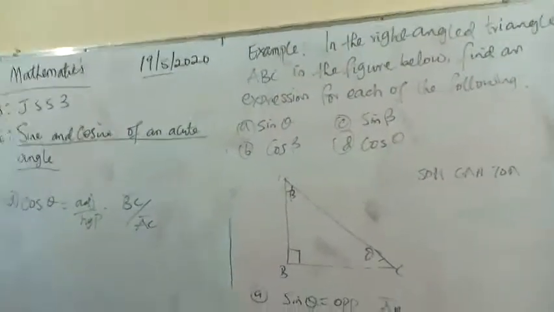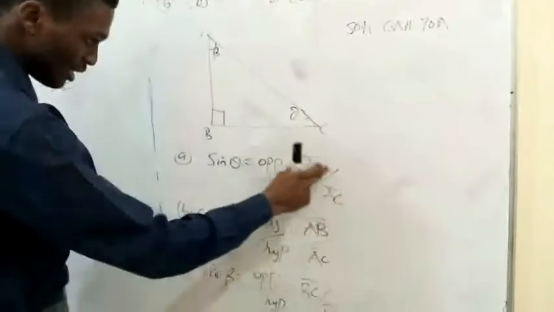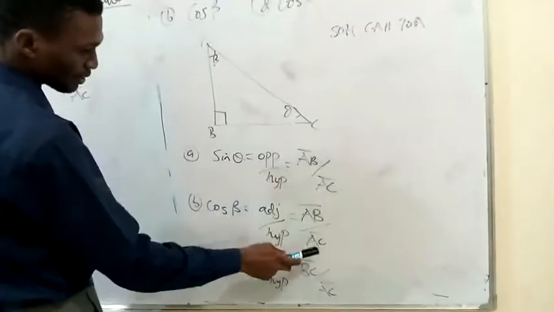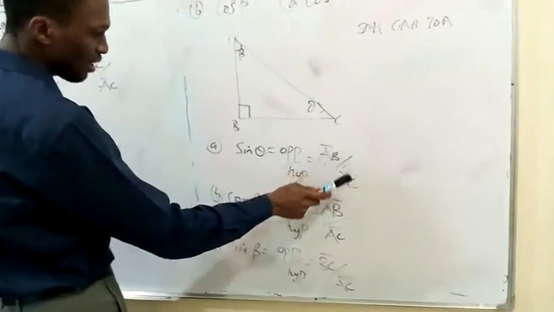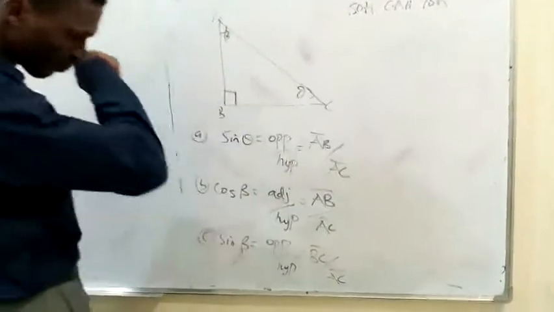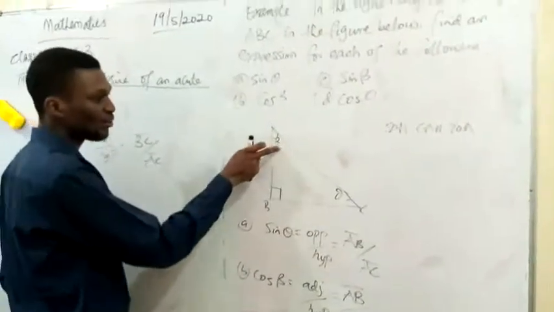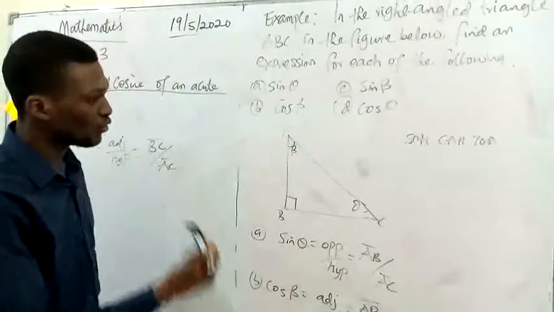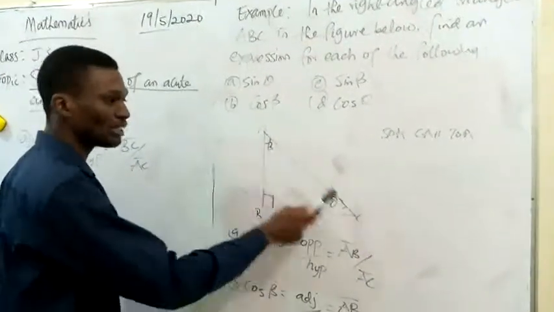Also, let's take note that sin theta, AB over AC, is the same as cos beta. Sin theta is the same as cos beta. That's line AB over AC and line AB over AC. So, in a right angle triangle, the sine of this angle must be equal to the cosine of the other complementary angle. We will start solving problems where we have a known value to understand this better.